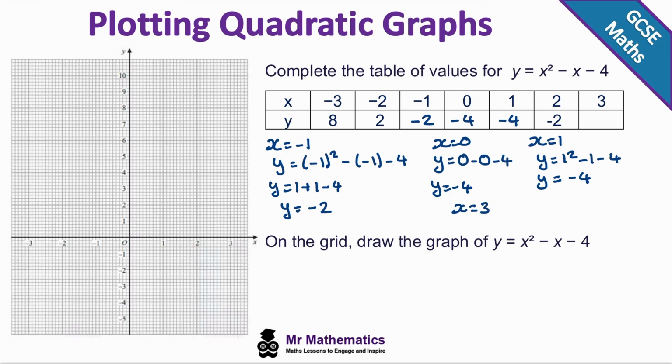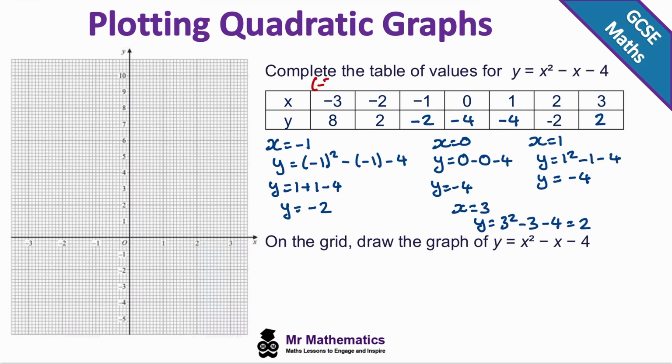So when x does equal 3, y will be the 3 squared minus the 3 minus the 4. 9 take away 3 is 6. 6 take away 4 is 2. So we know that's right. And now we can use the x and y values as coordinate pairs, and we can plot each of these points.